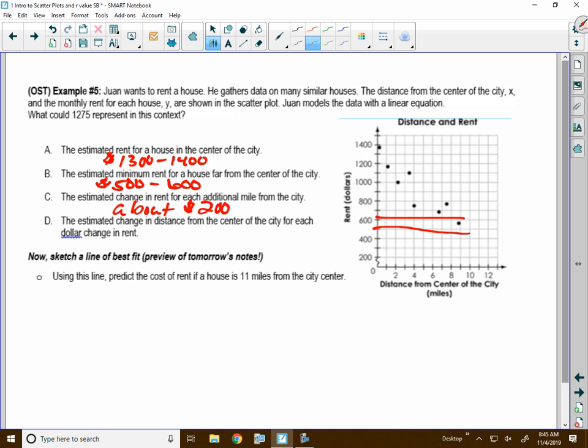All right, the estimated change in distance from the center of the city for each dollar change in rent. So change in distance now. Change in distance, what do you think? 2 miles. Okay. So it would be hard to say per dollar, but okay, about every $100.